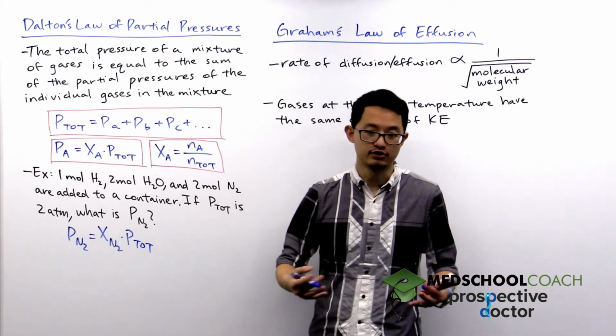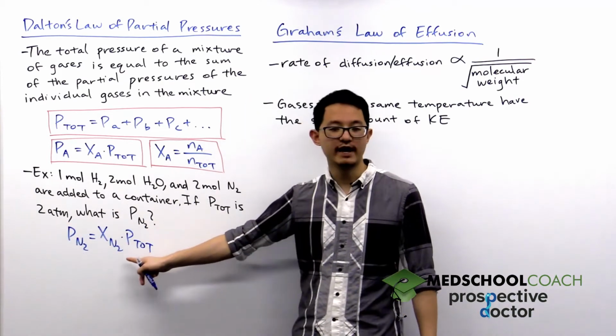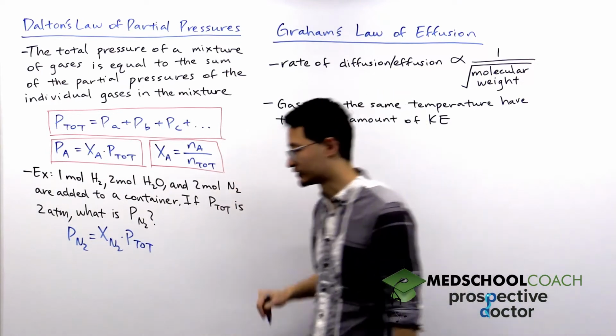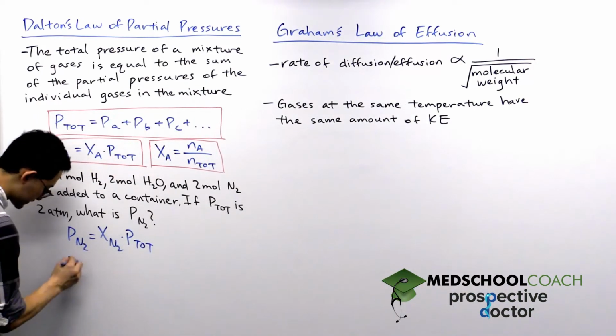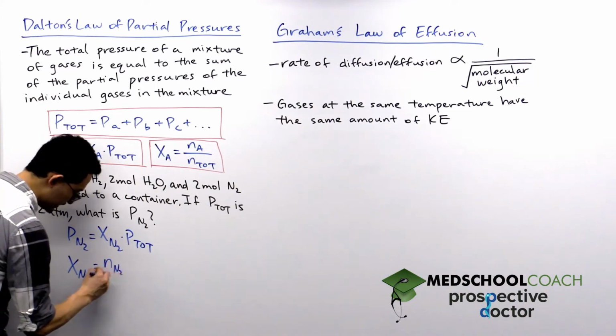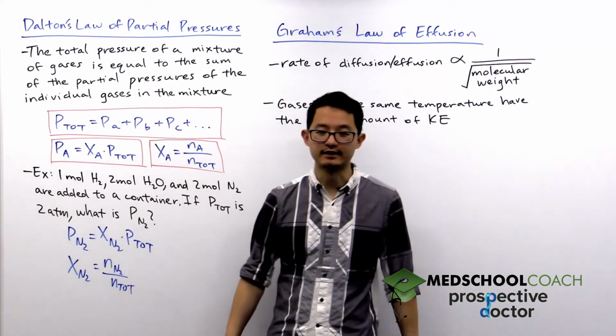Now, the question has told us the total pressure, it's 2 atmospheres. The mole fraction of nitrogen we have to calculate. But again, we know the equation. So we can say that the mole fraction of nitrogen is equal to the moles of nitrogen divided by the total number of moles in the container.